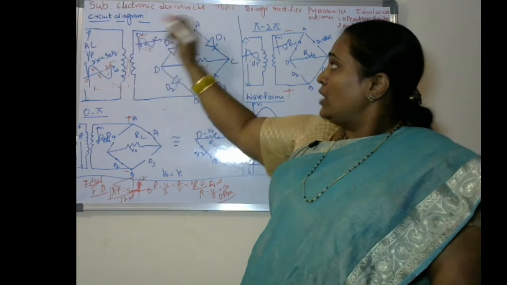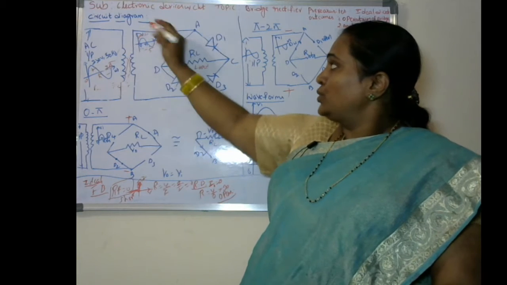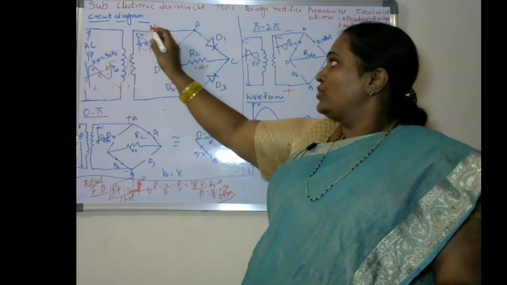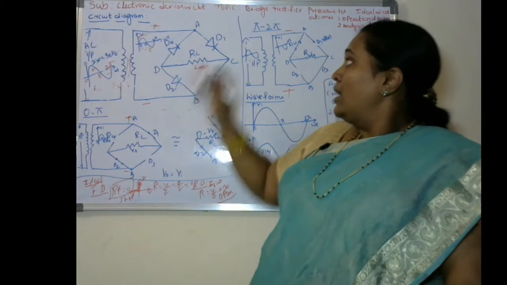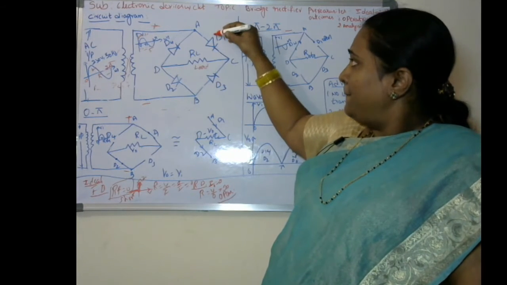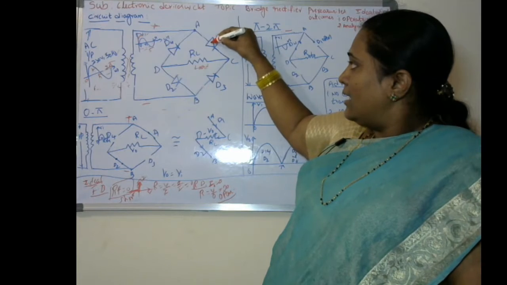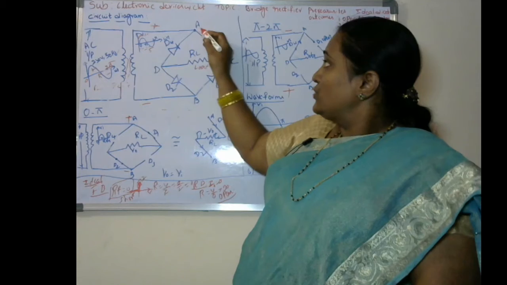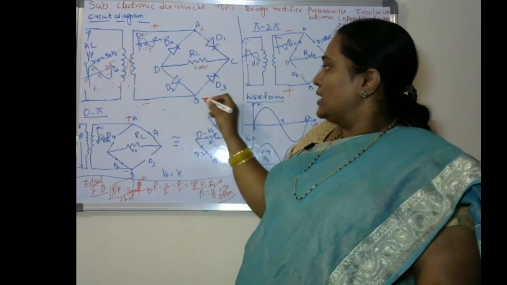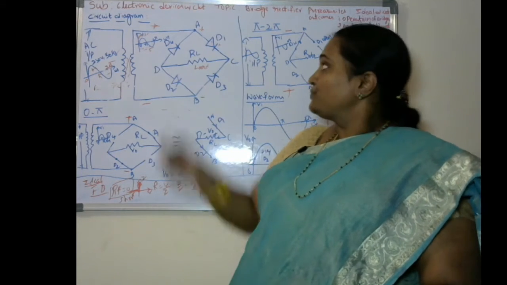So if you observe, for the positive half, the potential here goes positive and here the potential goes negative. In this case, this is the P type material and this is the N type. The voltage at point A is positive, at point B is negative.